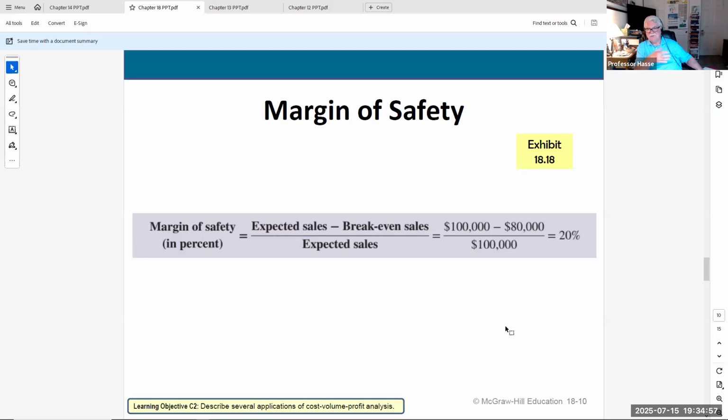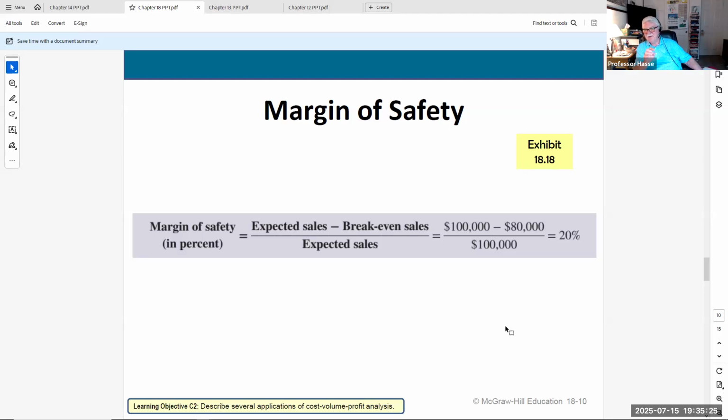So let's say in our budget for the next year, we plan on selling $100,000 of our product. We know our break-even point in sales is $80,000. That's a $20,000 difference between what we expect to sell and what we need to sell to cover our costs. If we take that $20,000 as a percent of our expected sales, our margin of safety is 20%.